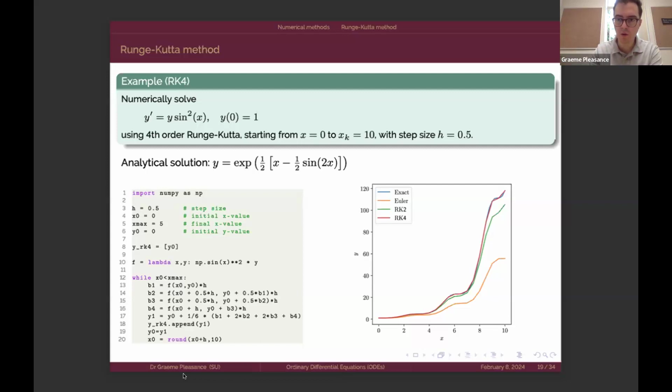That's an important point: RK4 doesn't mean you're using it to solve a fourth order ODE. If you recall, the order of the ODE is the highest derivative of y that appears in the expression. In the example that I gave, we were using it to solve a first order ODE.